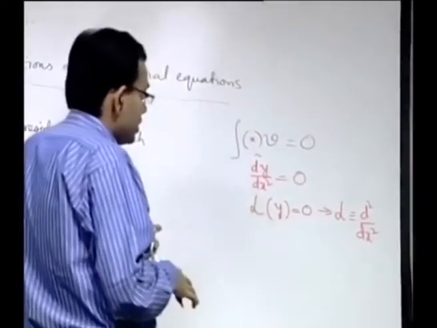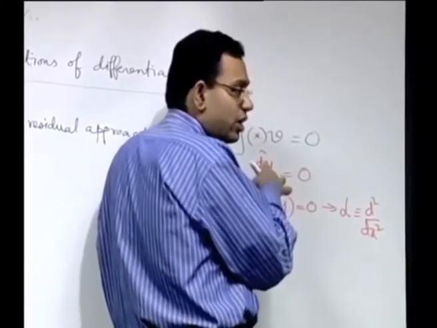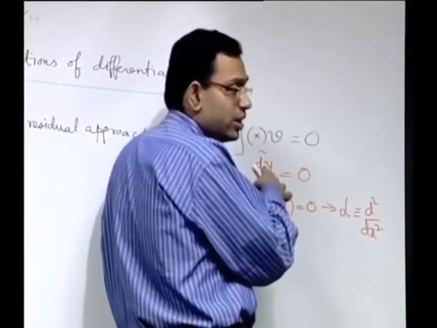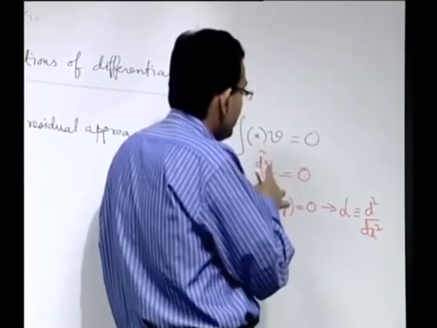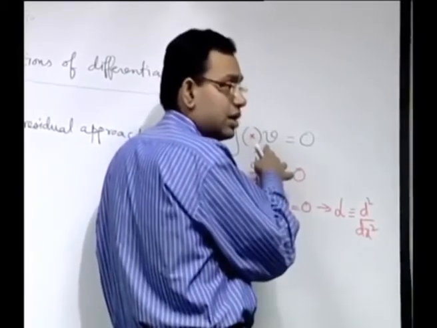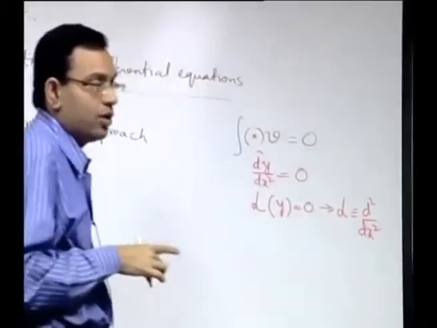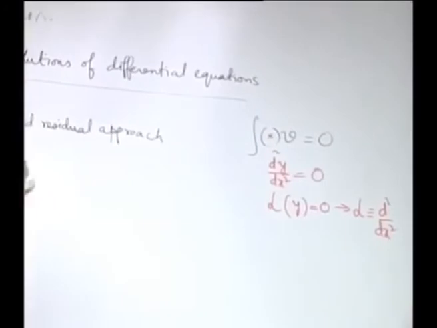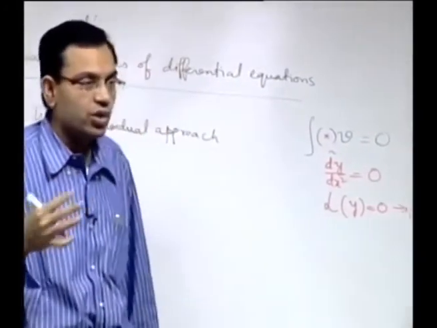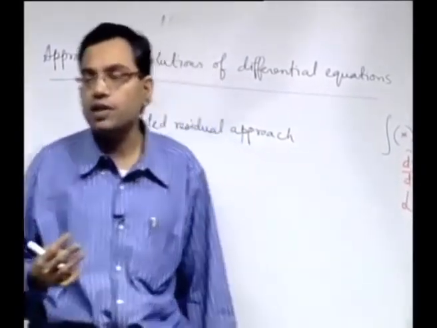Then the question remains, what will be this y? You want to solve for this y, you do not know it. So you need some approximation to this y which you want to substitute in this integral, otherwise this will remain a differential equation. We want to convert it into some non-differential form, maybe an algebraic form. Why do we want to convert it to an algebraic form?